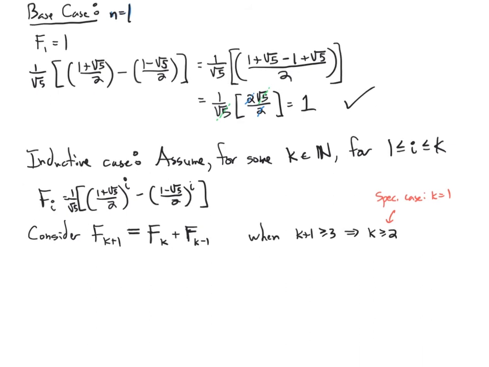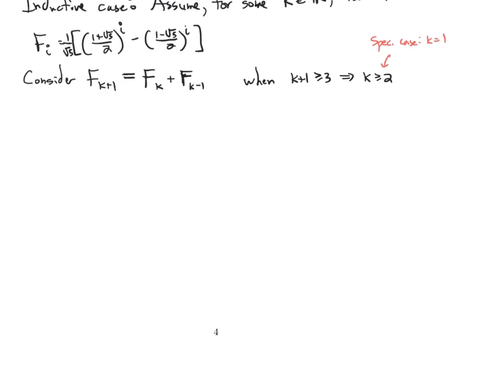Okay, let's keep going. Well, let's use our inductive hypothesis. We're assuming that our formula holds for index k and less, so let's use it. So this must equal 1 over root 5 times 1 plus root 5 over 2 to the k minus 1 minus root 5 over 2 to the k. So that is our fk inductive hypothesis.